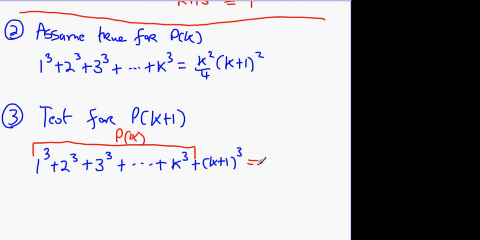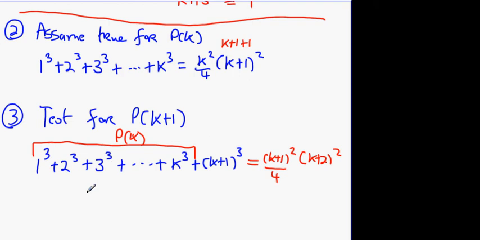And that's going to equal, now replace all k's with k plus 1, so k plus 1 squared over 4. And then replace k with k plus 1, so it's going to be k plus 1 plus 1, which is k plus 2 squared.